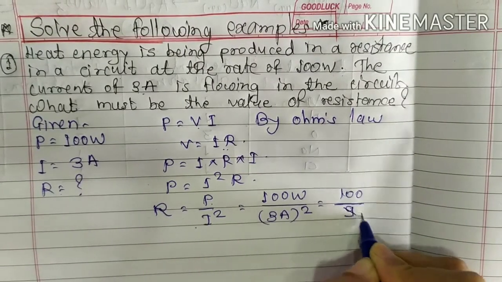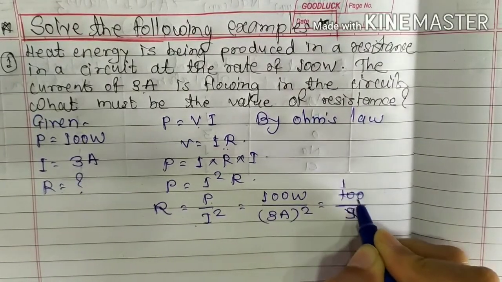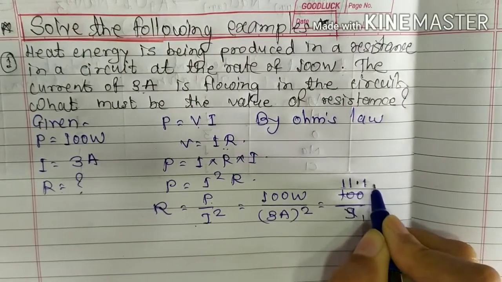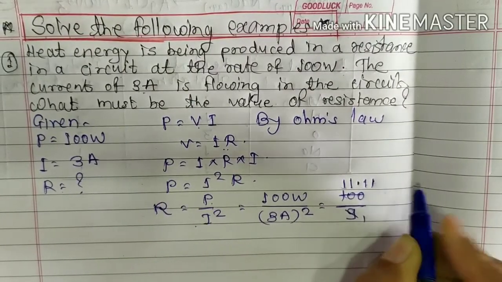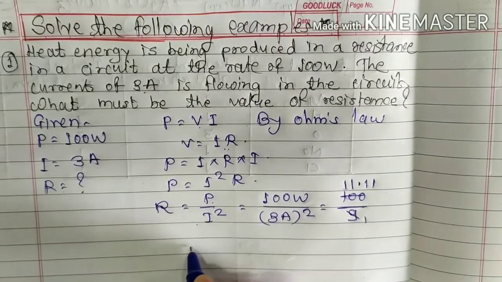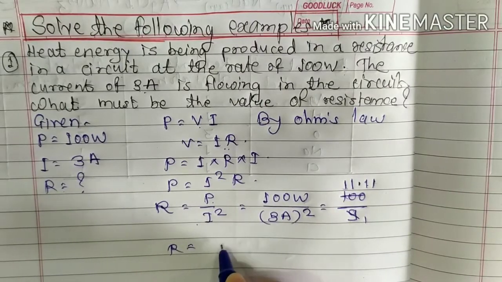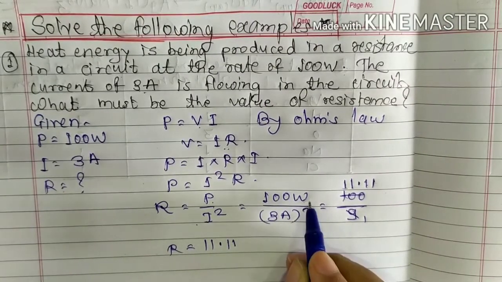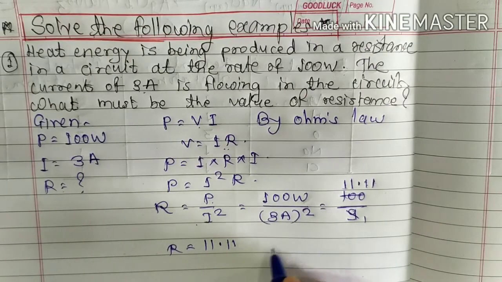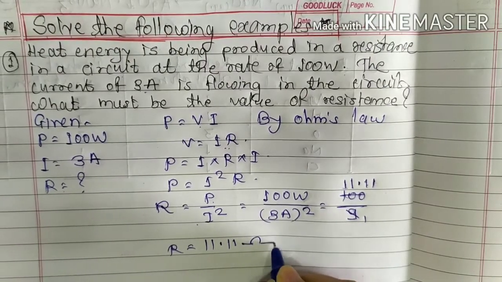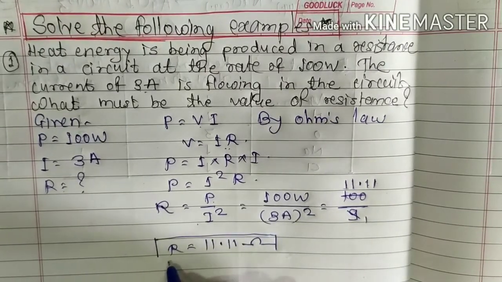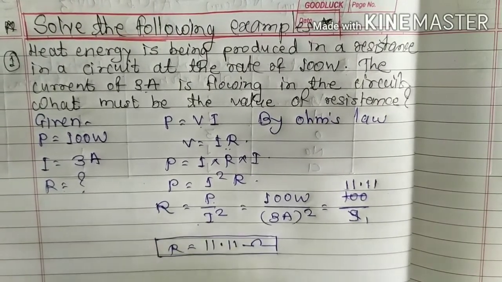Hence, R is equal to 11.11, that is watt per ampere square, ohm. So this is 11.11 ohm.